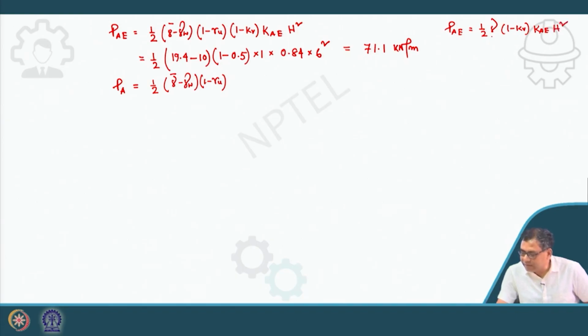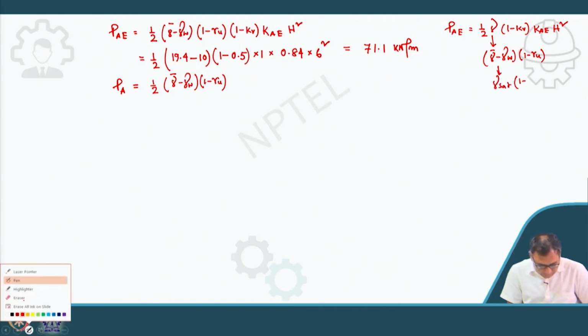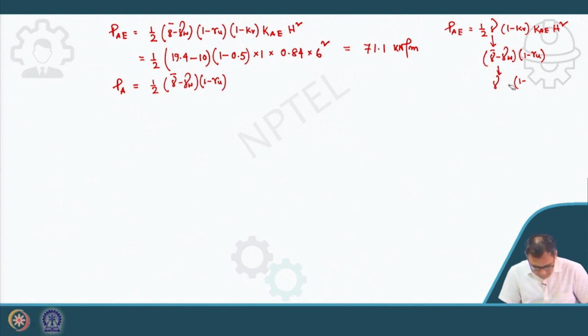So this gamma is being replaced by gamma bar, gamma W into 1 minus RU. If it is partially saturated, fully saturated, then it will be gamma sat into 1 minus gamma sub. This will be gamma sub into 1 minus RU. That is for fully saturated.